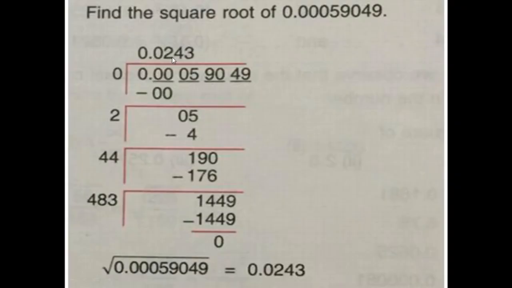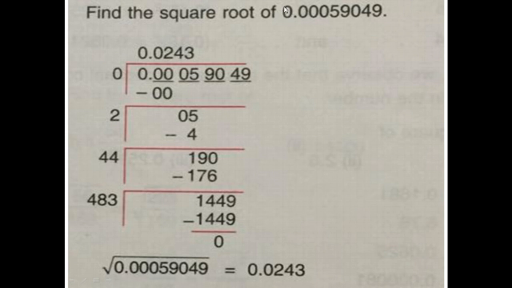Let's solve an example. Find the square root of 0.00059045. All these digits are after the decimal and only 0 is before the decimal.